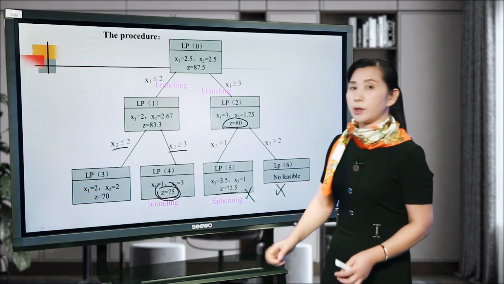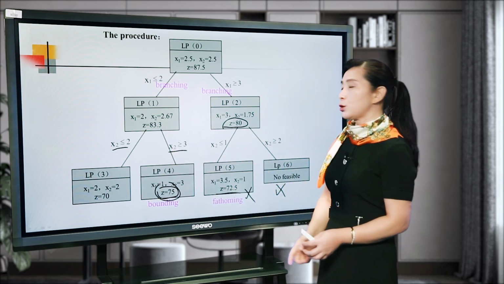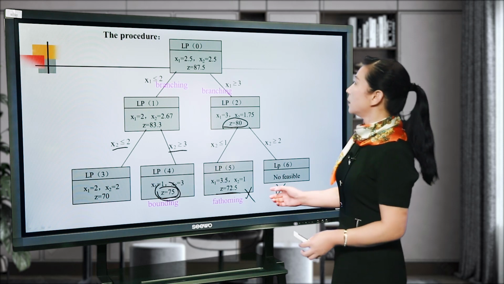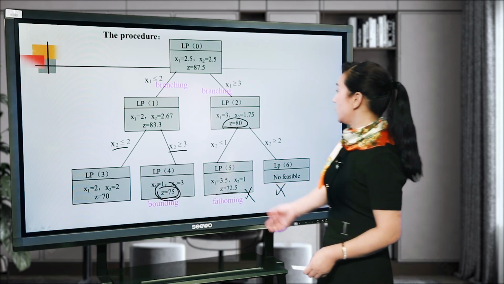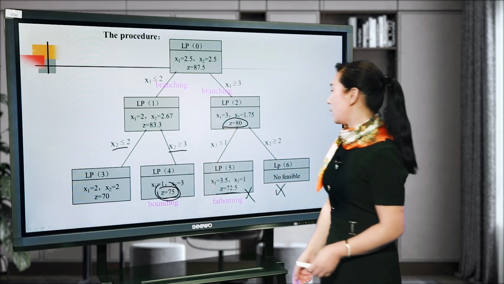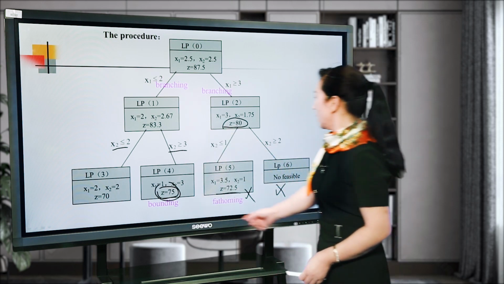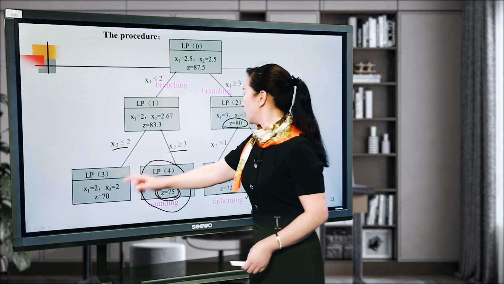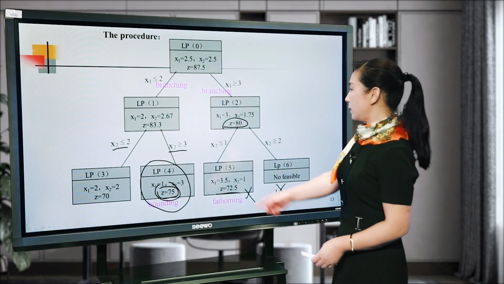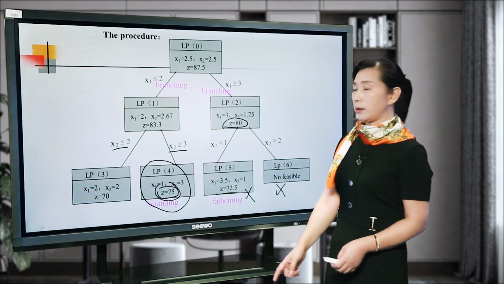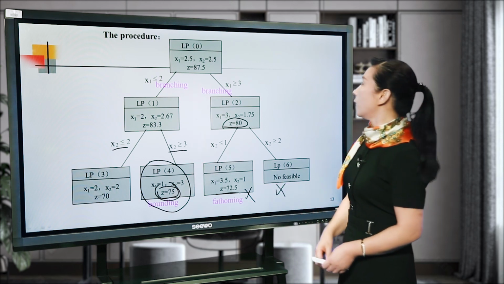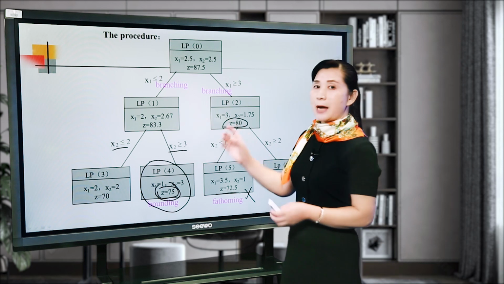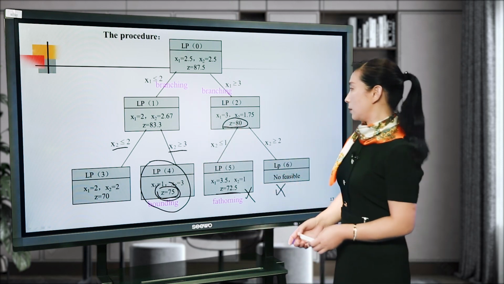LP3 and LP4 stop and are cut too. So we finish the procedure of this example. From this procedure, we get the optimal solution at LP4: x1 equal to 1, x2 equal to 3, and J is 75, the original IP program's optimal solution.